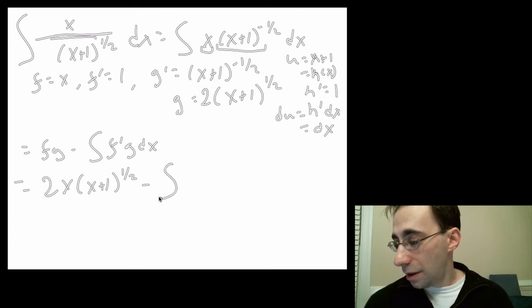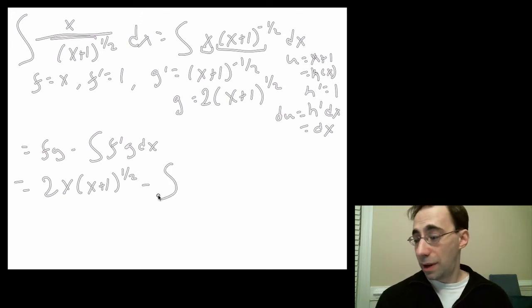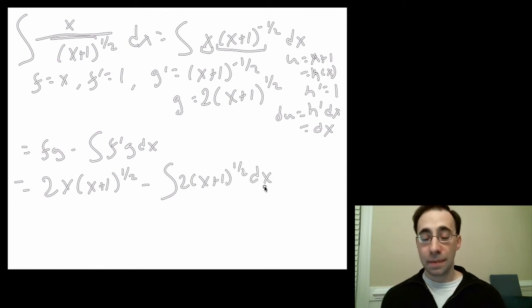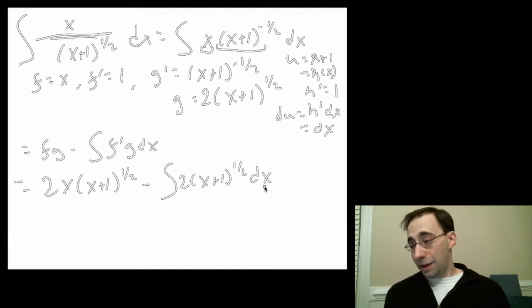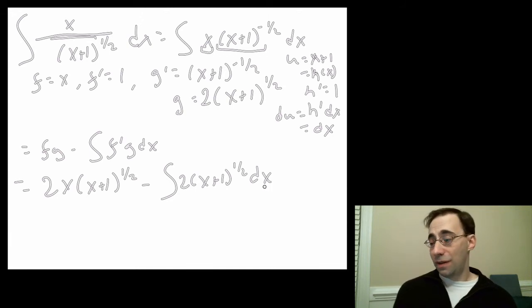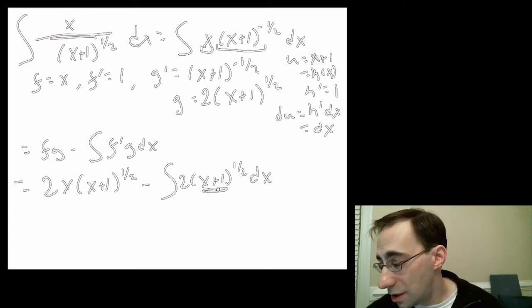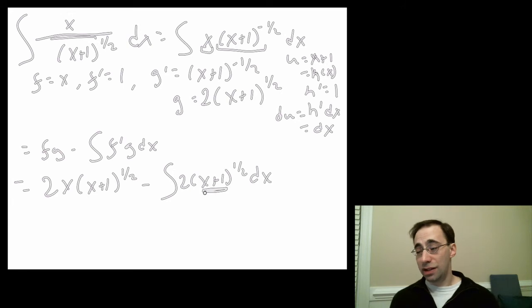This integral here, f prime is 1, so that goes away. You get 2 times (x plus 1) to the 1/2 dx. Again, that integral has an easy form, even though it looks confusing and complicated. The substitution is easy because h prime is 1, so changing variables changes nothing.